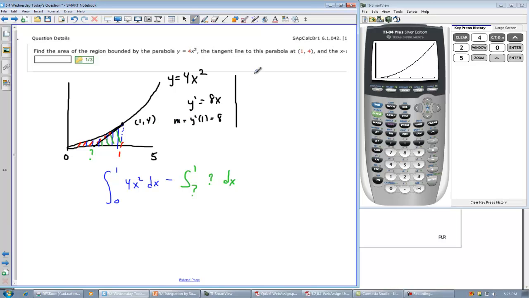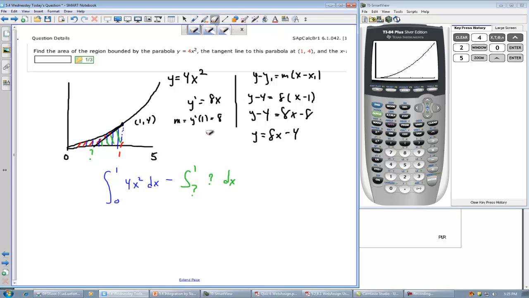I can use point-slope form then, y minus y1 equals m times (x minus x1), to find the equation of that line. So I have y minus 4 equals 8 times (x minus 1). And so I have y minus 4 equals 8x minus 8. And so y is equal to 8x, add 4 to both sides, so minus 4.